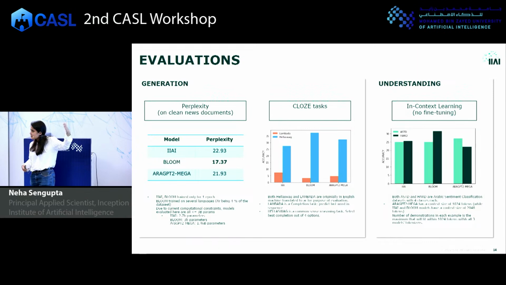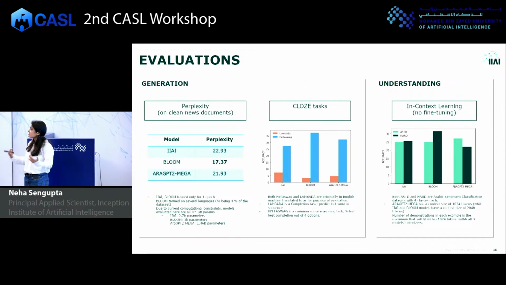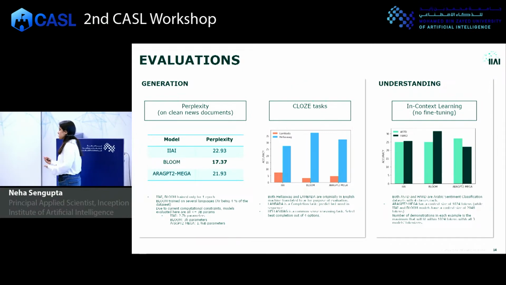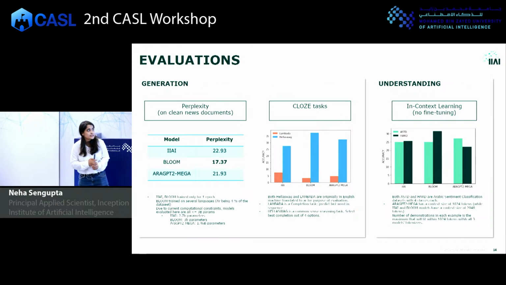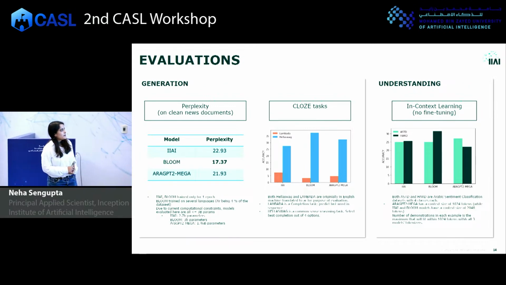Although the largest model sizes differ, when we evaluate, it's all comparable size. One reason for that is that, of course, Bloom includes a lot of other languages as well. So it's a good multilingual model, able to leverage its understanding of the English language and bring it into the Arabic latent space, right?